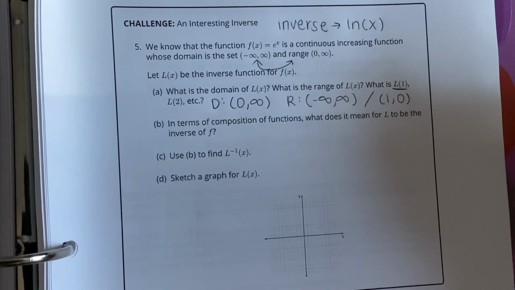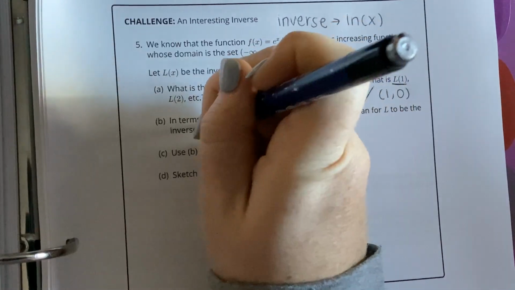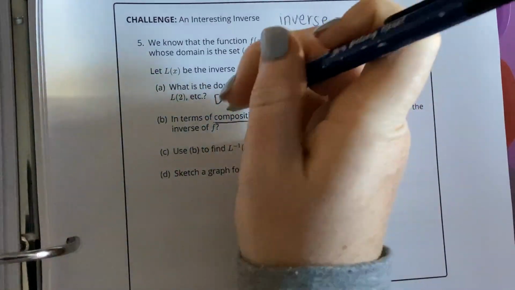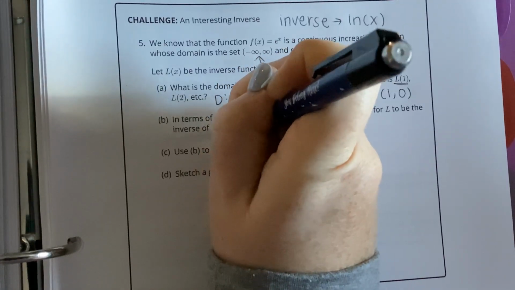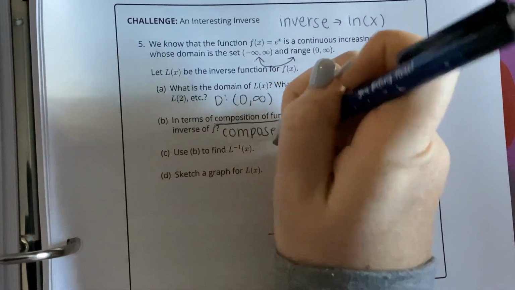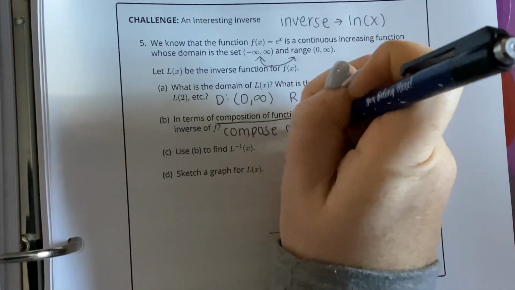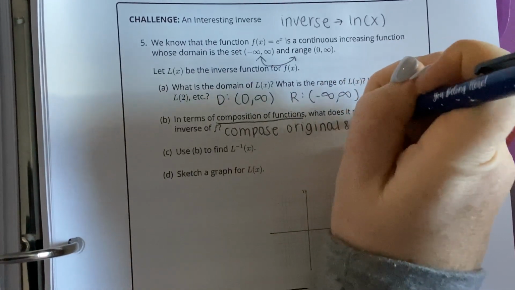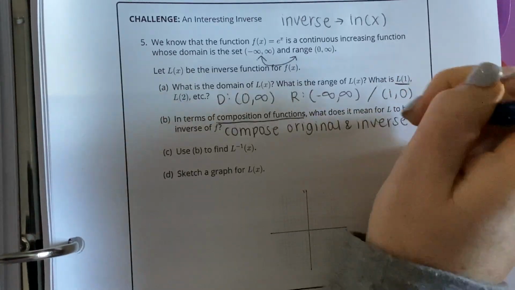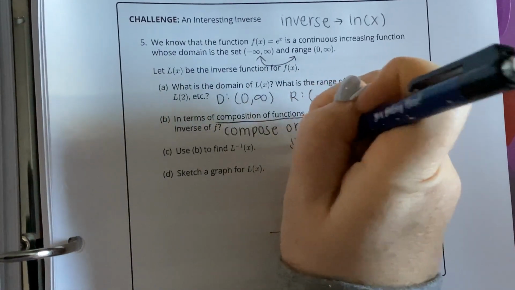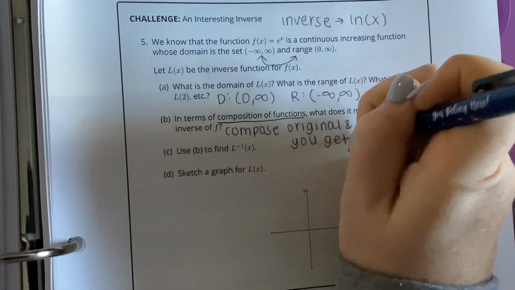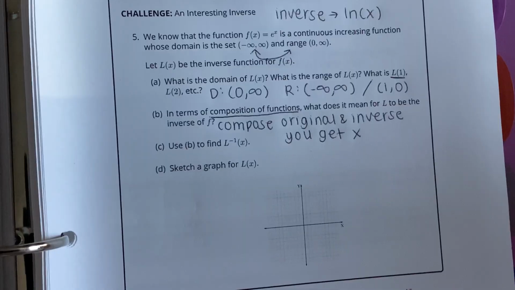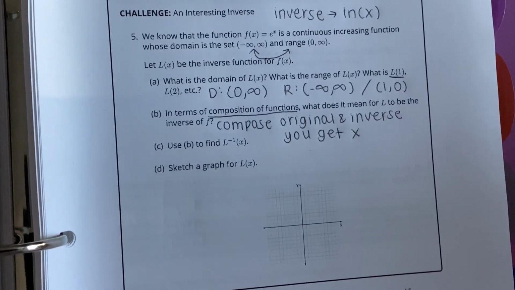In terms of compositions of functions, I have no idea why it's asking you this because we haven't done this since like unit 1. But remember, if you compose original and inverse, you get x.